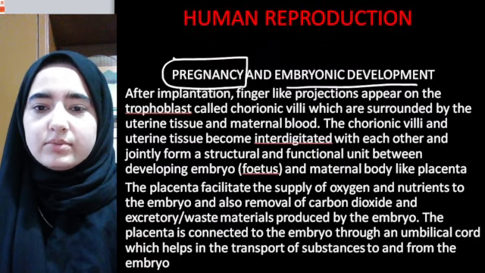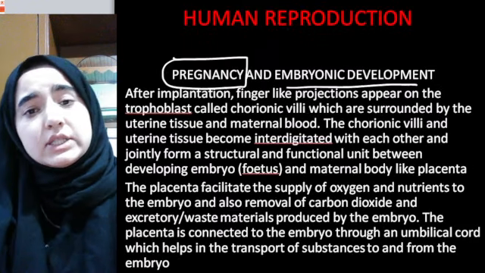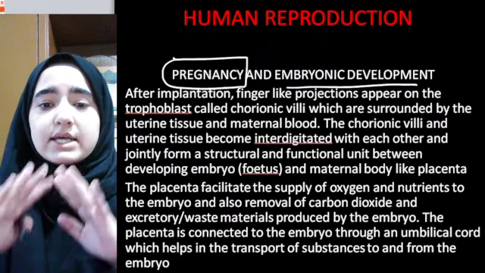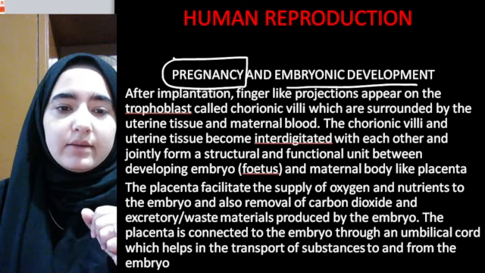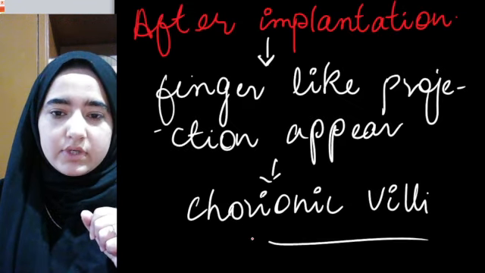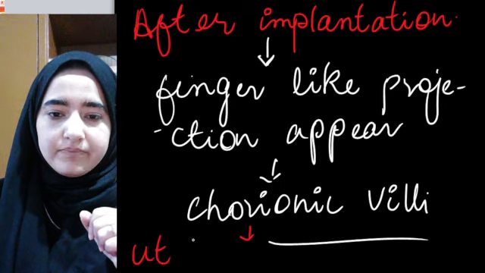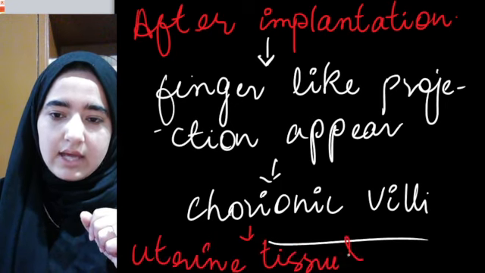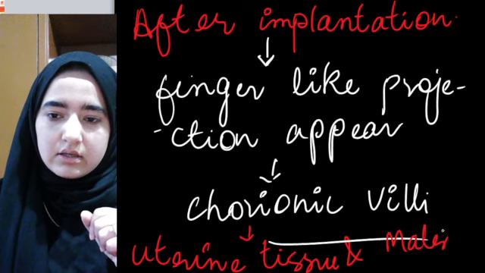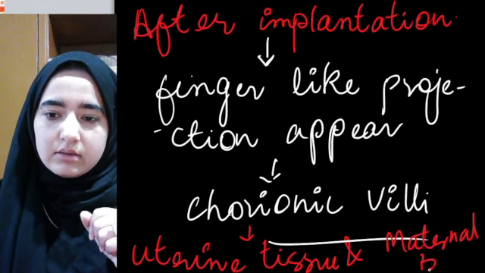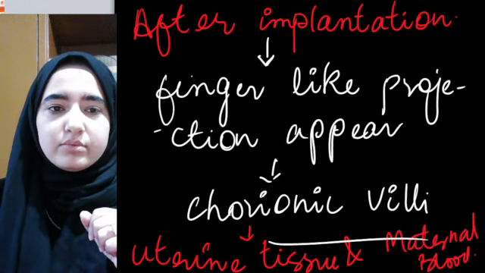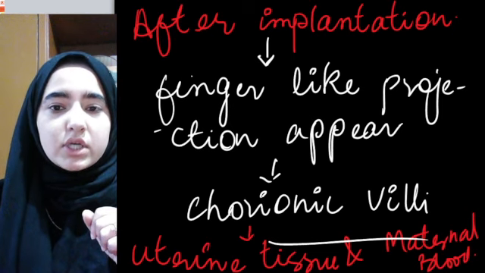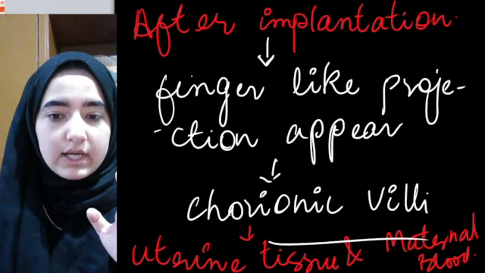I hope this concept is clear. Further, chorionic villi are surrounded by uterine tissue and maternal blood. I hope this concept is clear, what chorionic villi is.